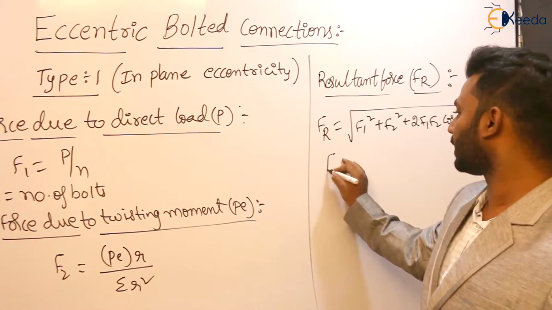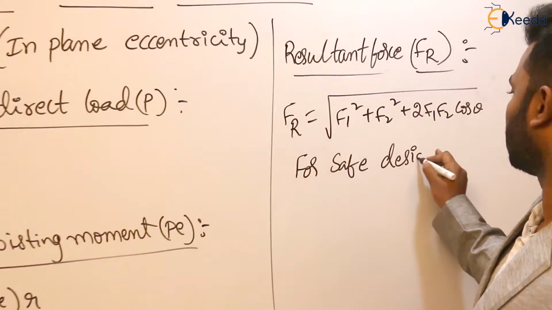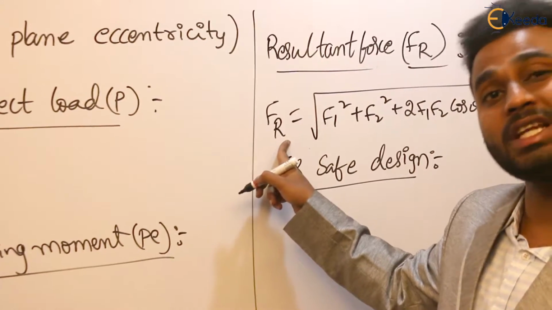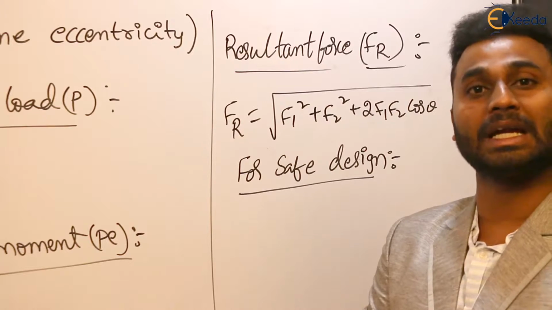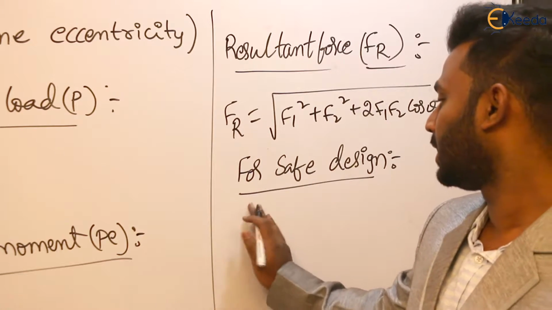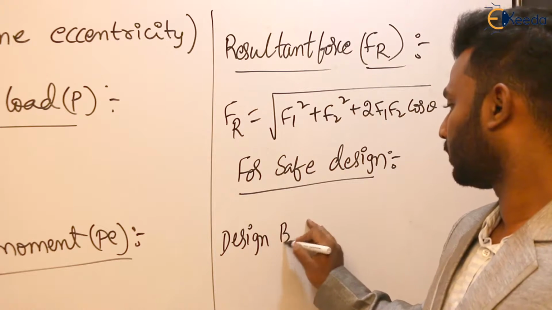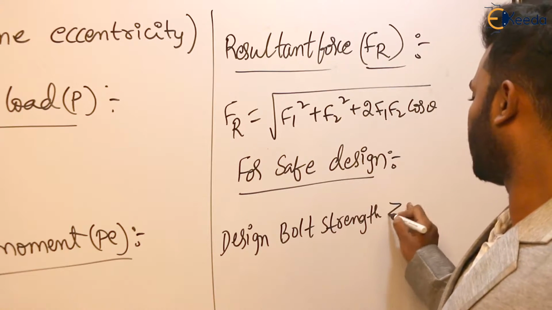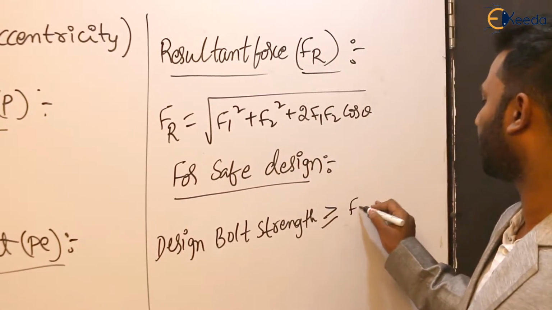For safe design, this is the resultant force because of the external applied load. Obviously, the strength of the bolt should be greater than or equal to this resultant force. That is the safe design. So the design bolt strength should be greater than or equal to Fr.